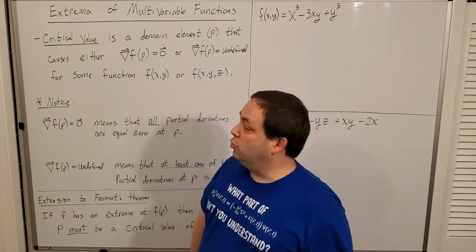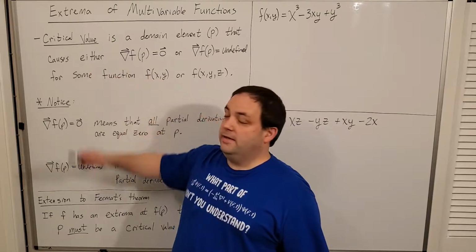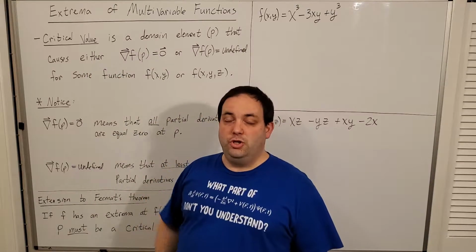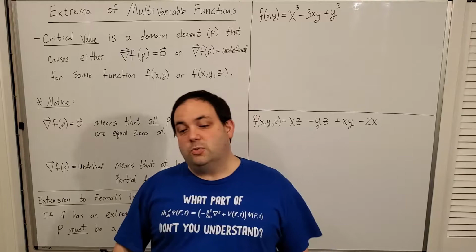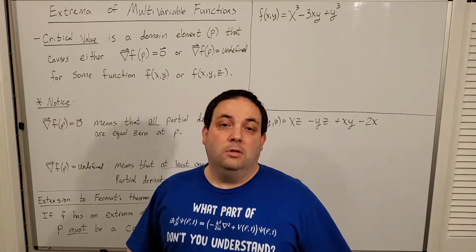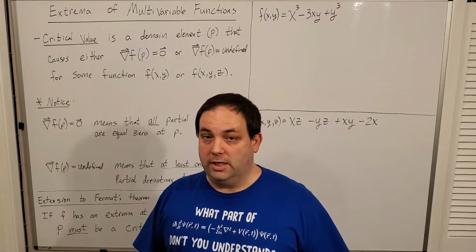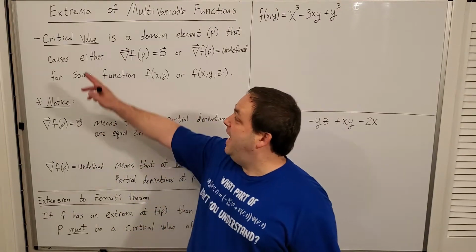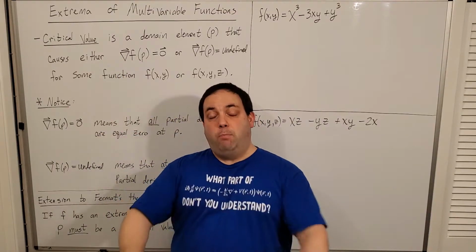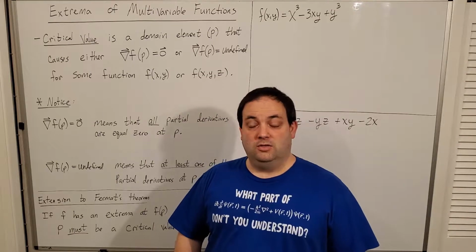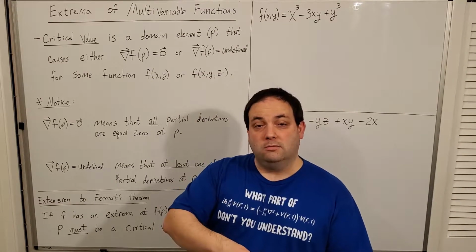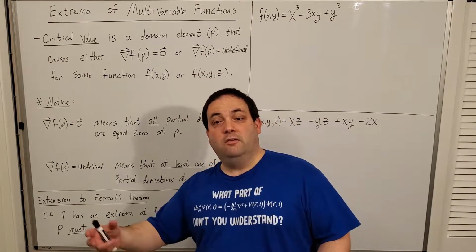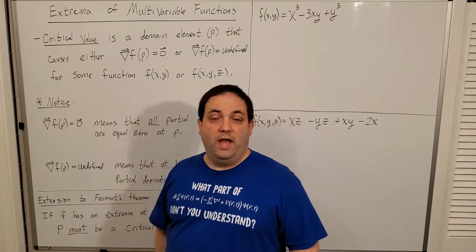Let's define critical value, okay? Now, value is a loose usage of the word here because we're not plugging in a single value for a single variable anymore. When we say critical value, it's really a point from the domain. So if you have f of x y, then a point from the xy plane would be the critical value.